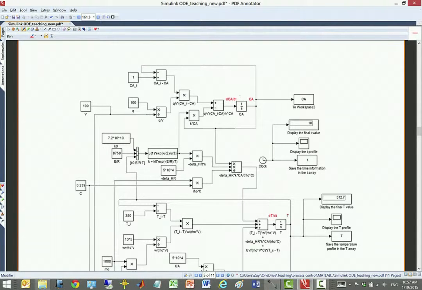For the differential equation of CA, we add the integrator here, and then the derivative of CA over time equals Q over V times CAI minus CA, and then minus this term KCA.